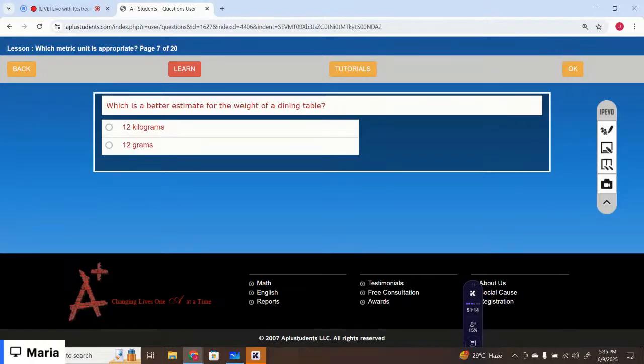Which is a better estimate for the weight of a dining table? That would be 12 kilograms. Option number one is the correct option.